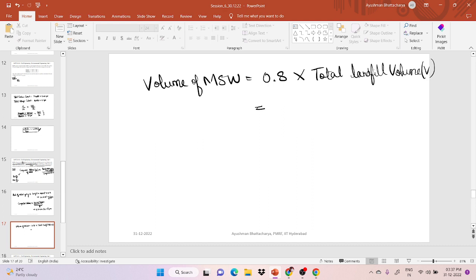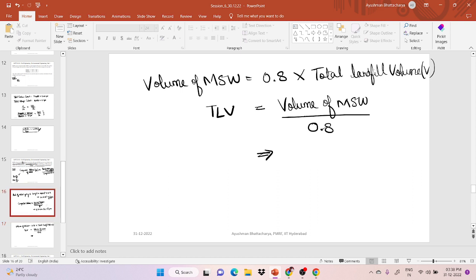For calculating the total landfill volume, I am representing it as TLV. Total landfill volume will be equal to the volume of municipal solid waste divided by 0.8. So the volume of municipal solid waste, how much?